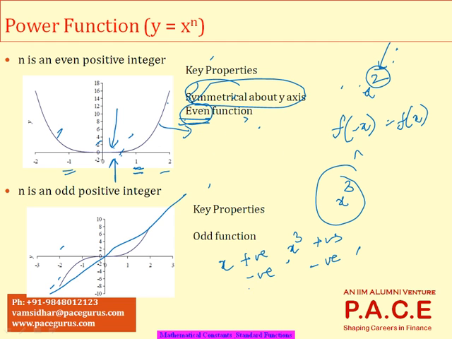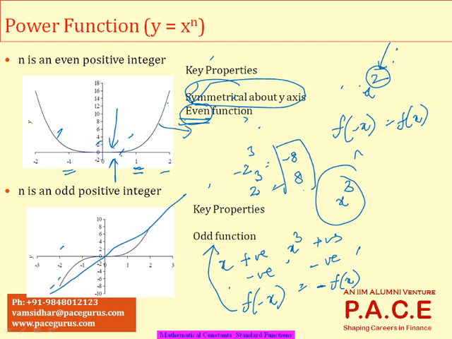What that means is, if I try to find the value for a negative value, and it comes exactly the same as its corresponding positive value, but with just a sign difference, minus f of x, we call such functions odd functions. Let's say minus 2 cube, which is minus 8. Whereas if I take 2 cube, it is plus 8. The value is the same, but only the sign is different. Then we call them odd functions.